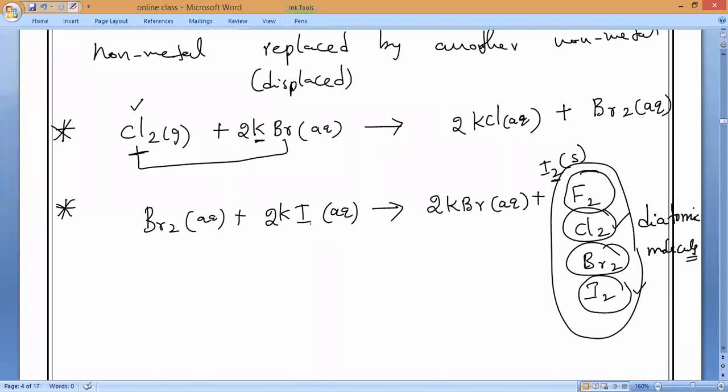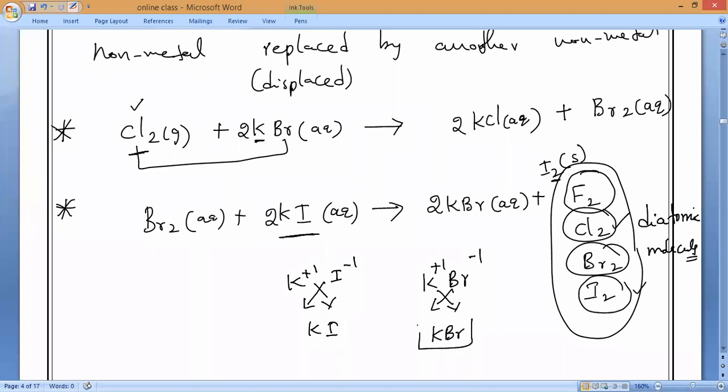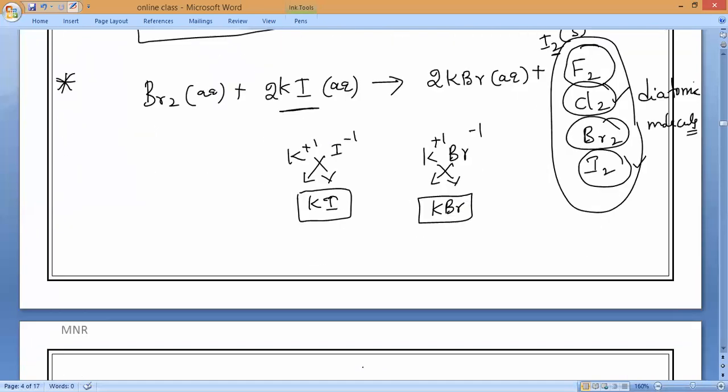But when I'm writing in combined state, why am I writing only KI? Because potassium valency is +1, iodine valency is -1. So we are going to get KI. If I am writing KBr, K +1, Br -1, if you exchange, KBr will come. Tamil Selvan, have you understood? Please respond. So those are the products that will come.